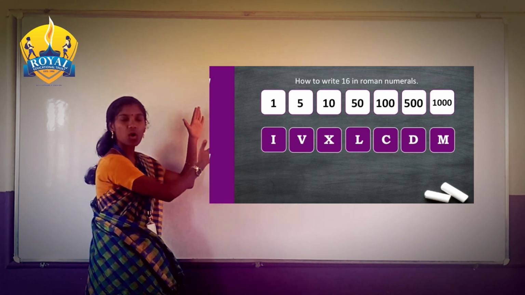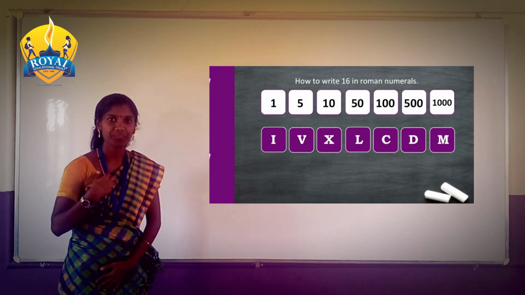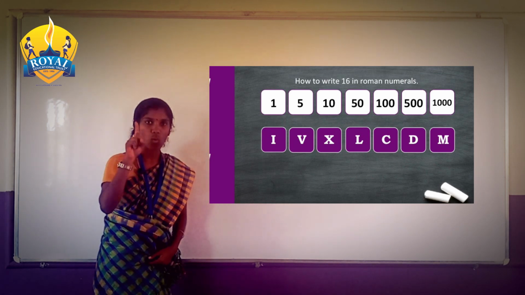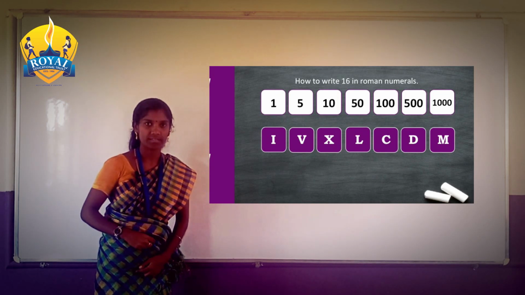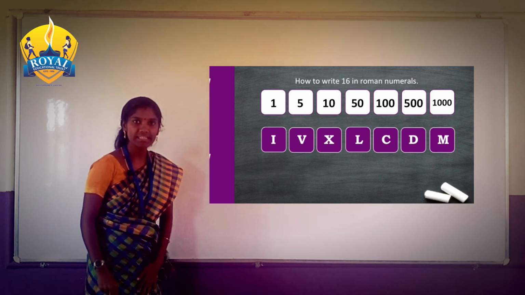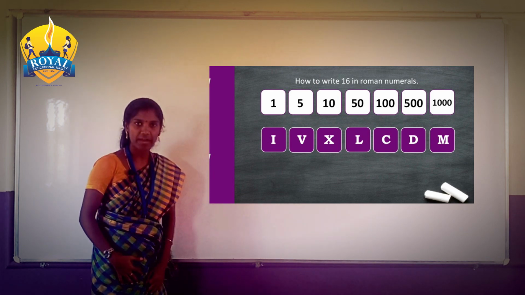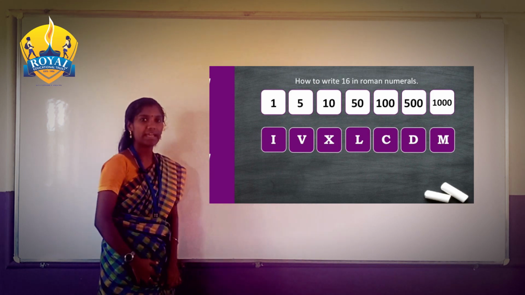These letters make many numbers in the Roman numerals. Here I denotes 1. V denotes 5. X denotes 10.